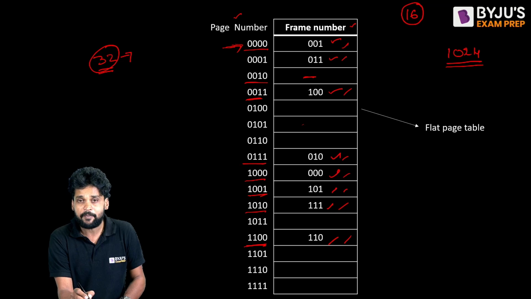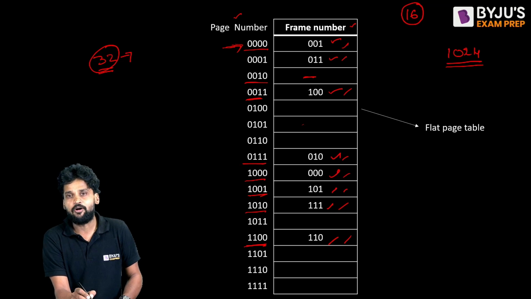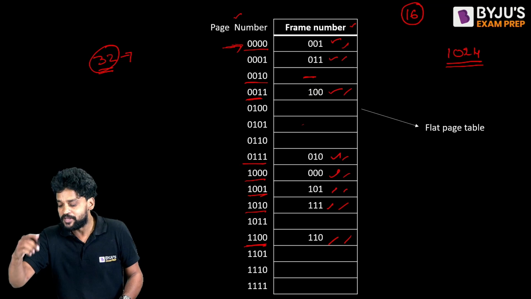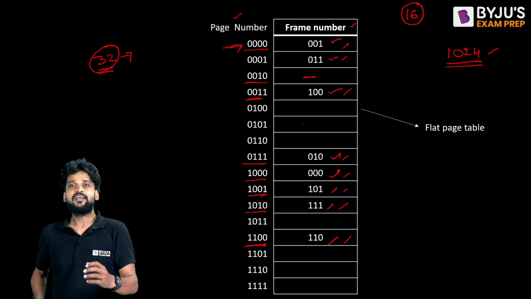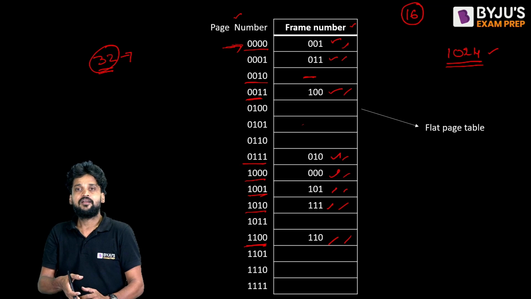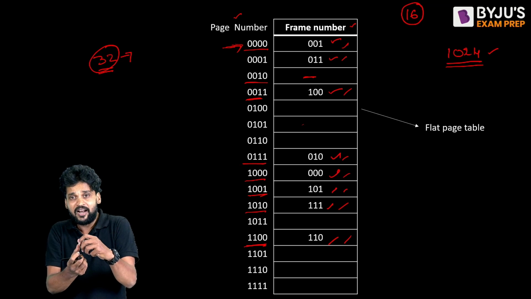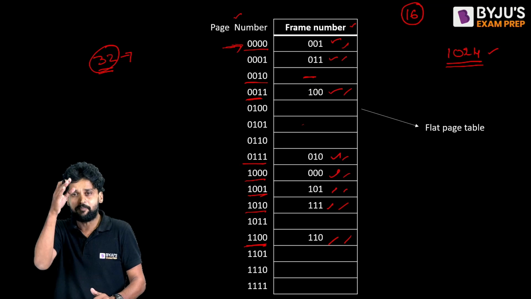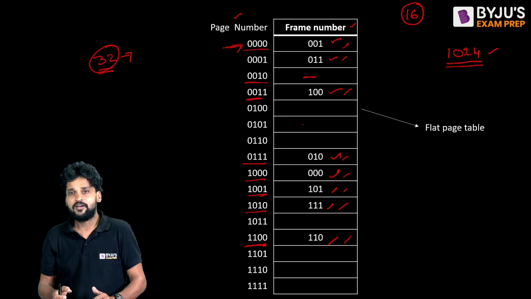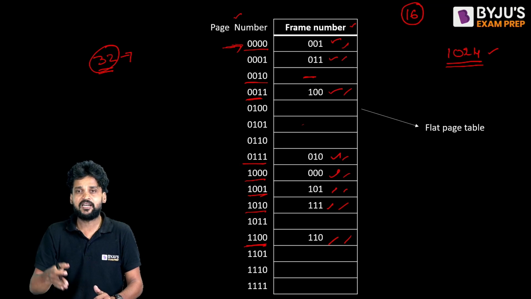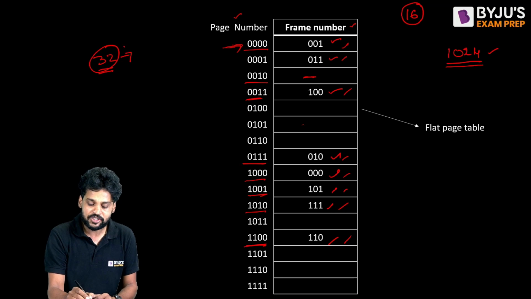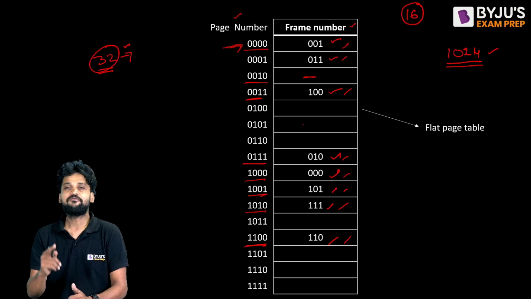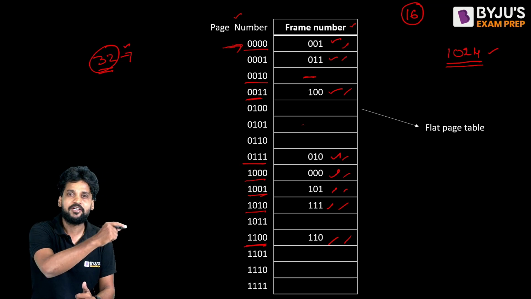Since main memory capacity is just 32 blocks, the main memory can accommodate any 32 pages from the available 1024 pages. At that time, the page table will be defined. The size of the page table will be equal to the number of pages. The length of the page table will be equal to the number of pages within the secondary memory. A total of 1024 indexes, but only 32 indexes will have an entry. So the wastage is the biggest problem here.